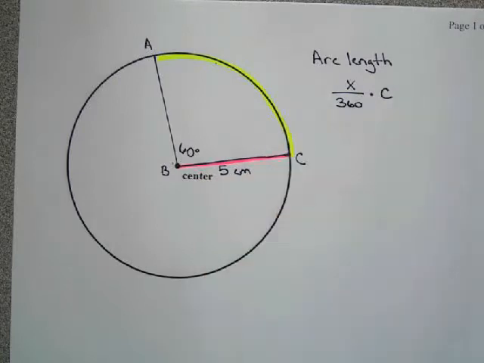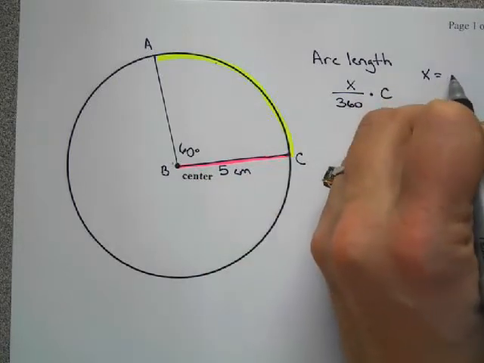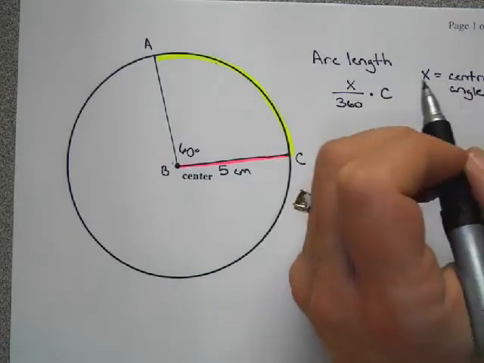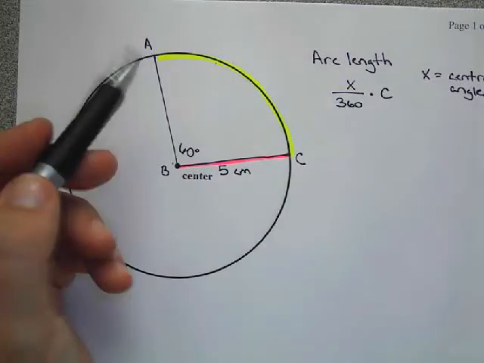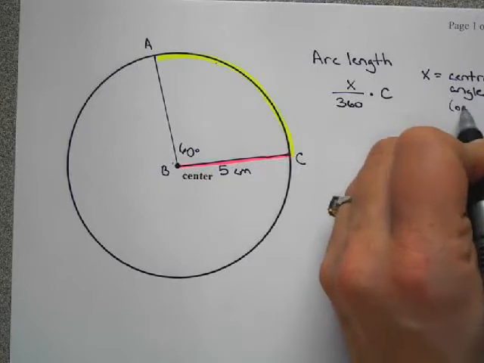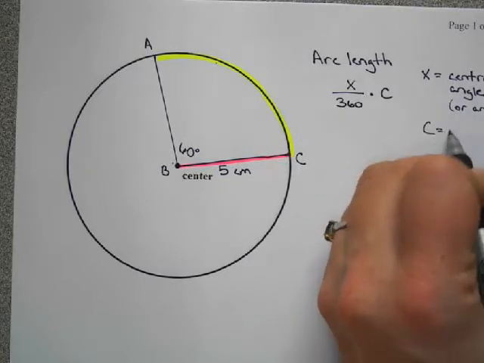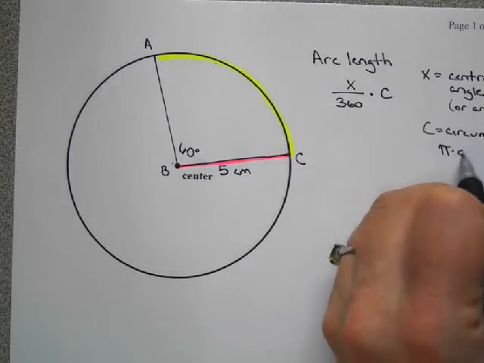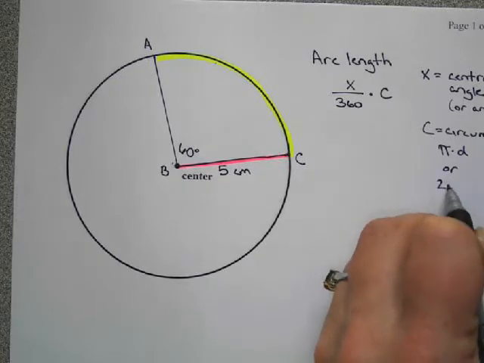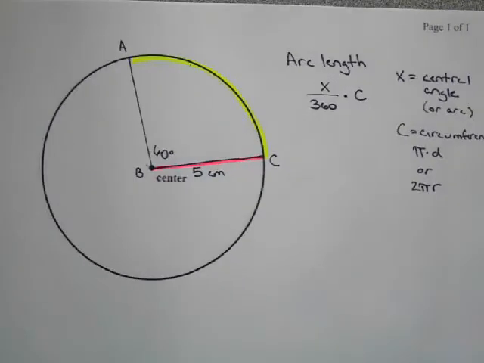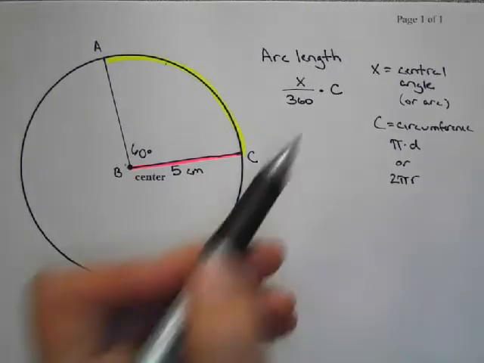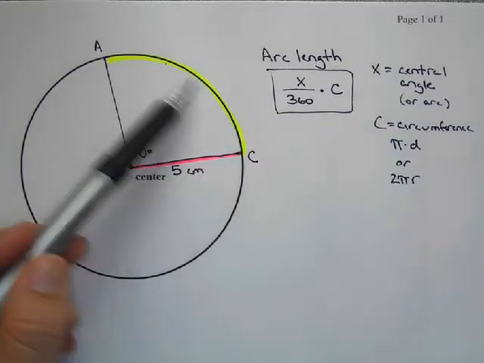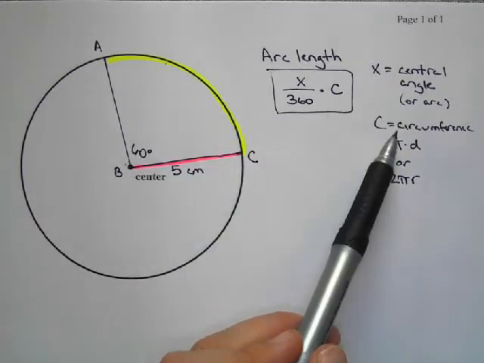So x equals the central angle measure, or the arc if it's given to you, and C is circumference, which is pi times diameter, or 2 times pi times the radius. So again, arc length is a measure of circumference. So we use the central angle or the arc degree measure, whichever we're given, and we use the circumference, pi times diameter or 2 times pi times the radius.